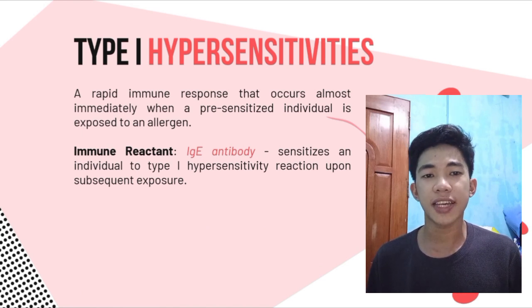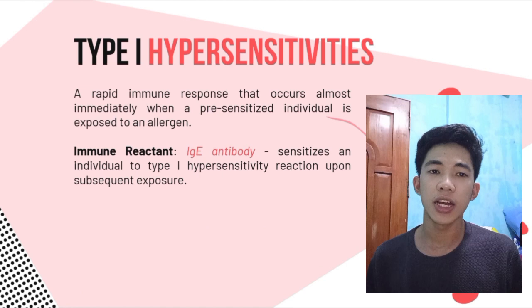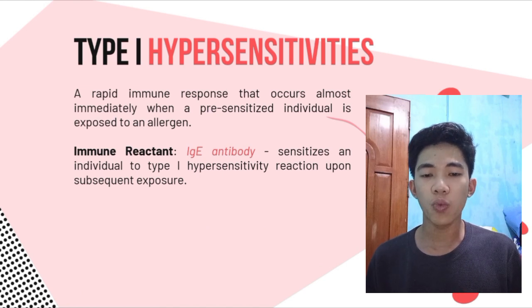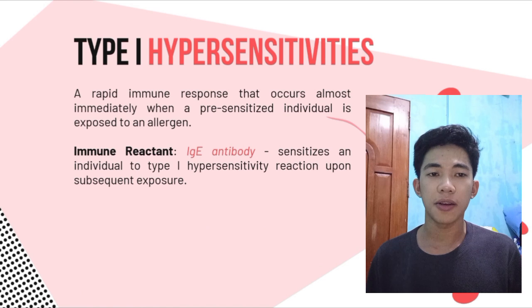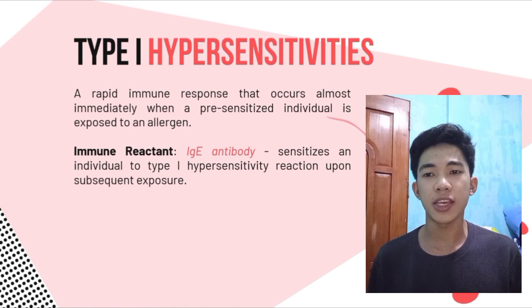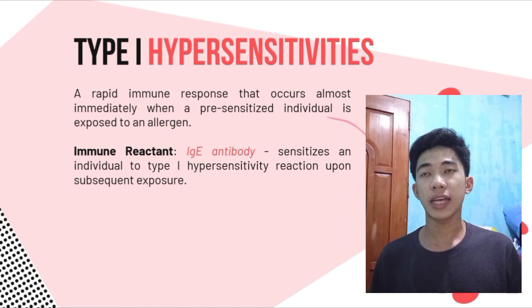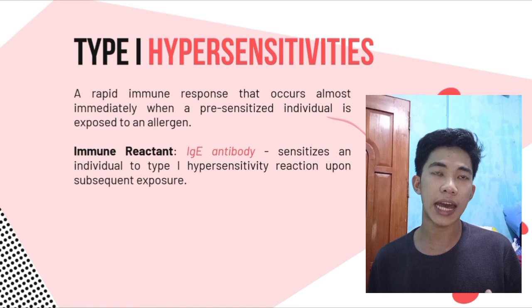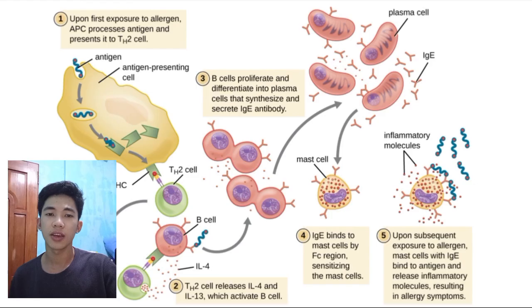This antibody sensitizes an individual to type 1 hypersensitivity reaction upon subsequent exposure. So, once an individual is sensitized to type 1 hypersensitivity, once they are exposed again to a certain allergen, then an allergic reaction would occur.